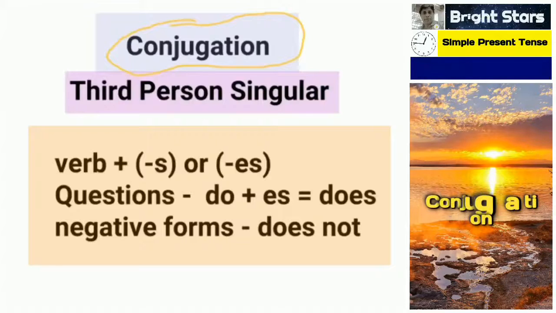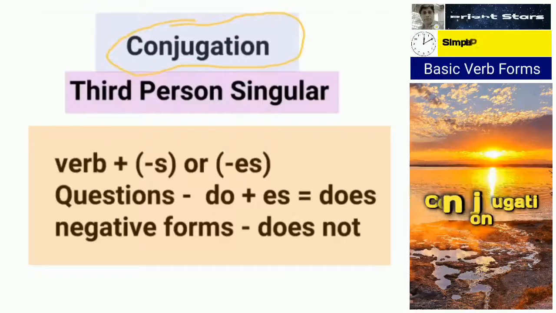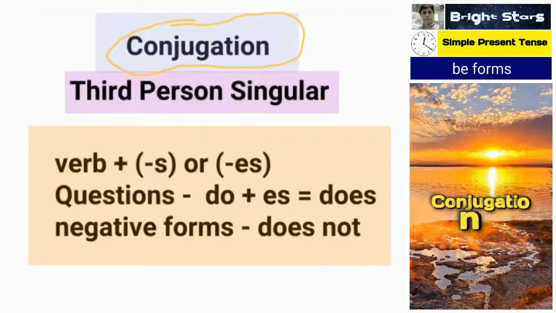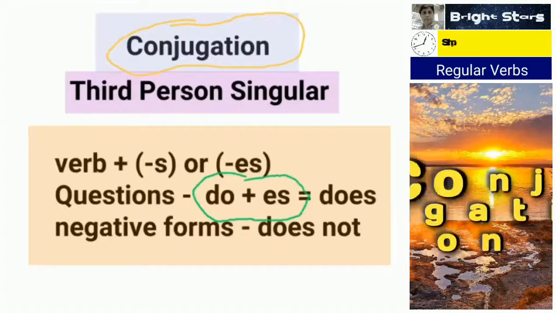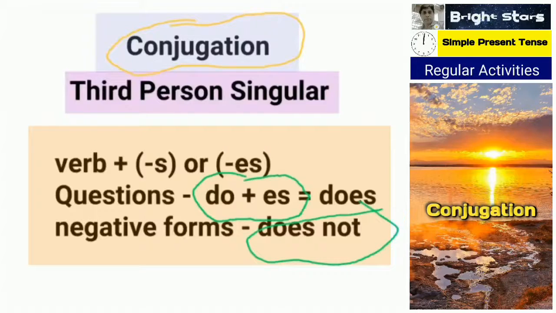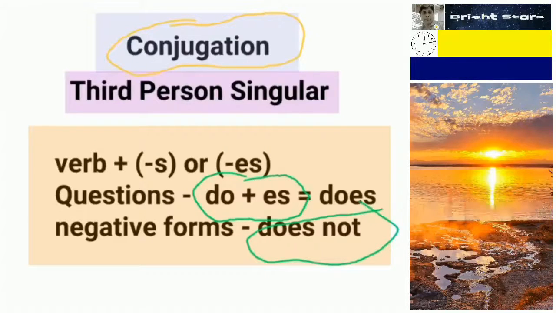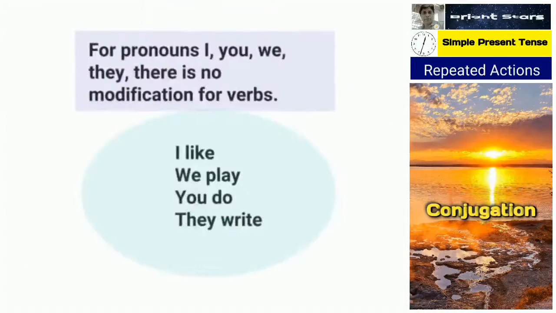For some verbs, as per their suffixes, we add es. You need not worry about that, but for do we add es. For negative forms, as usual, it is does not. So this is called conjugation, where we add s or es to the main verb.